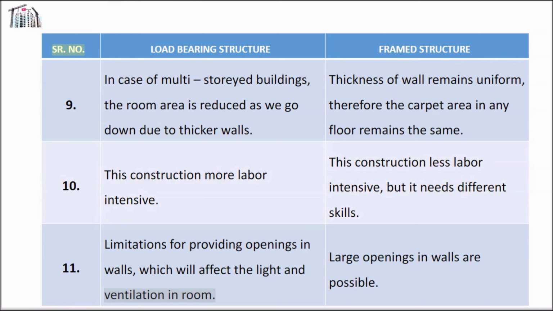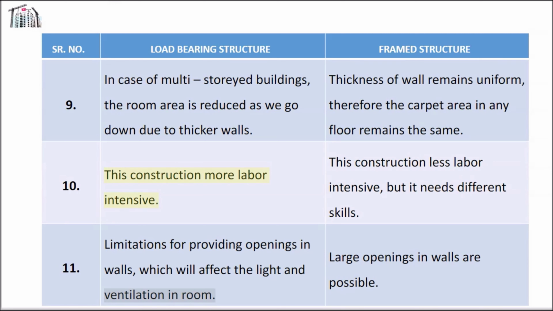Serial number, load-bearing structure, framed structure. 9. In case of multi-storied buildings, the room area is reduced as we go down due to thicker walls. Thickness of wall remains uniform, therefore the carpet area on any floor remains the same. 10.